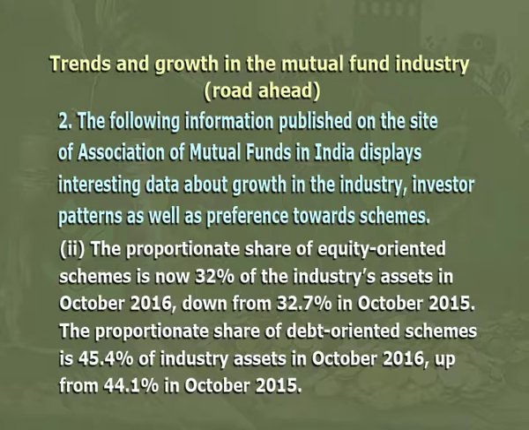The proportionate share of equity oriented schemes is now 32% of the industry's assets in October 2016, down from 32.7% in October 2015. The proportionate share of debt oriented schemes is 45.4% of industry assets in October 2016, up from 44.1% in October 2015.